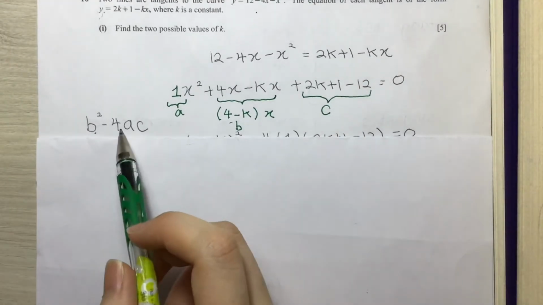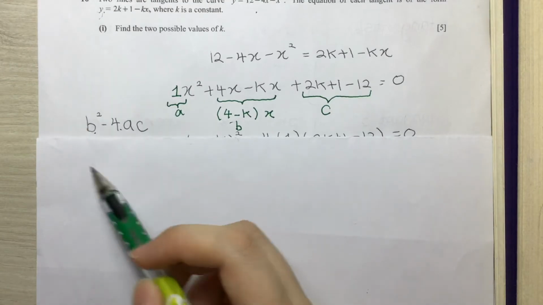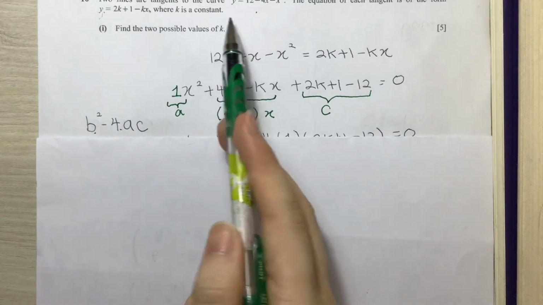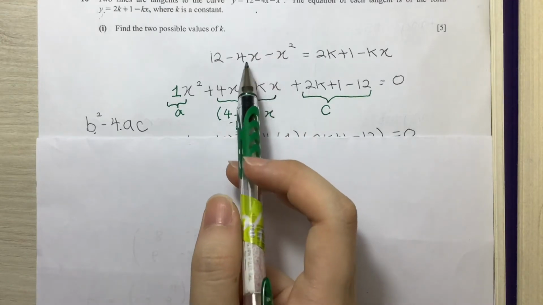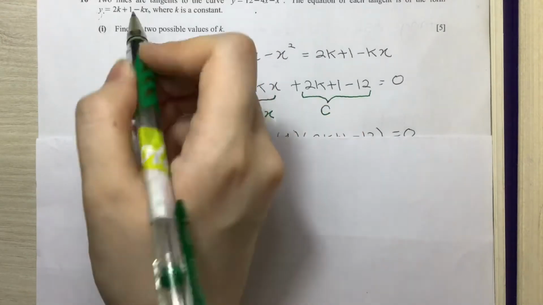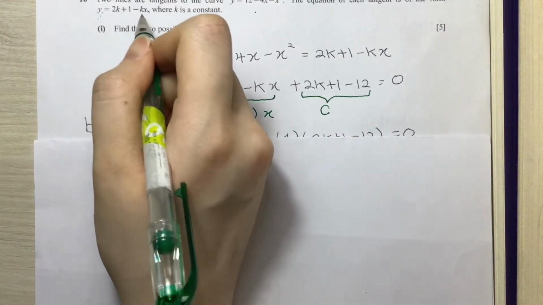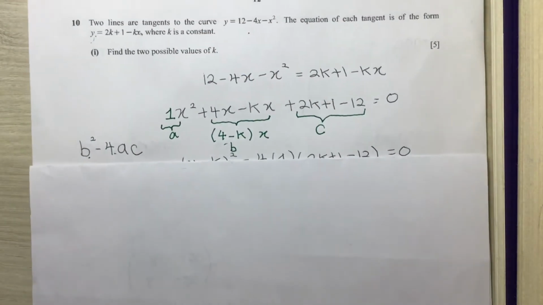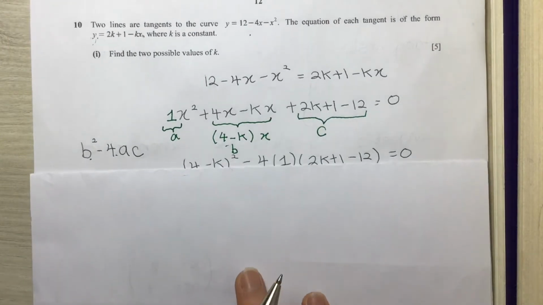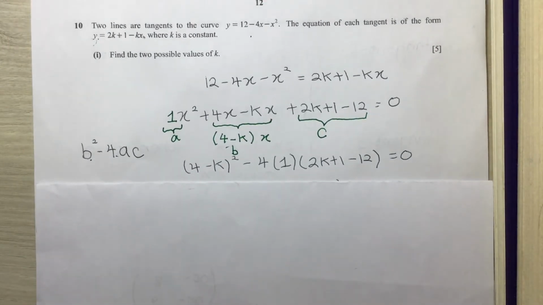So b squared minus 4ac is very useful when we are looking for values that are not x. Like we are not solving the equation, but we are finding the factor in front of the x. So after that, with this equation, things will be much easier.